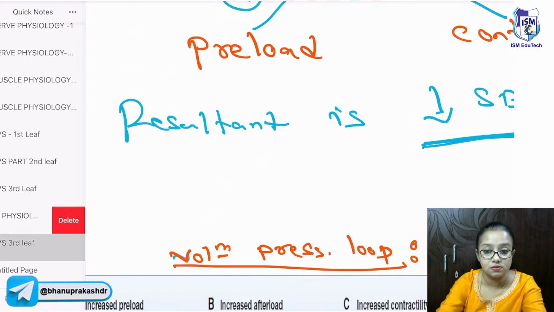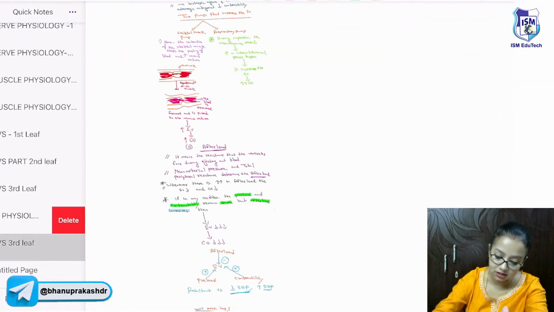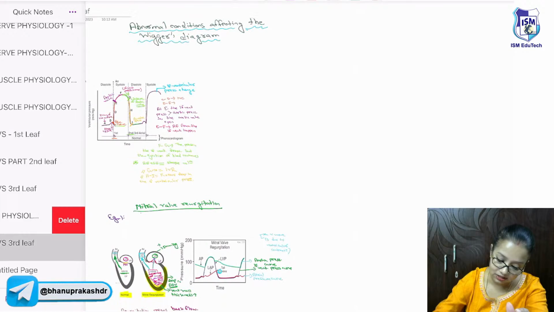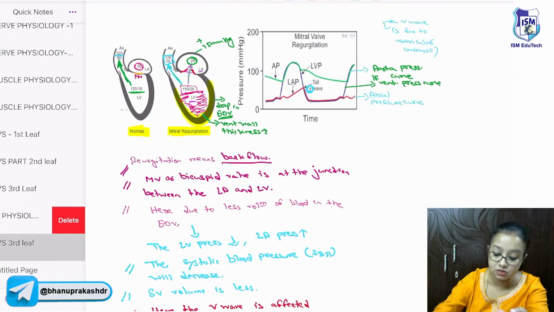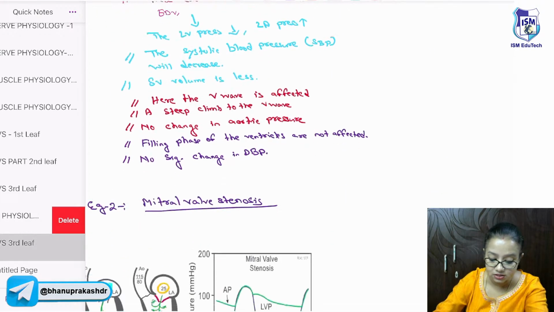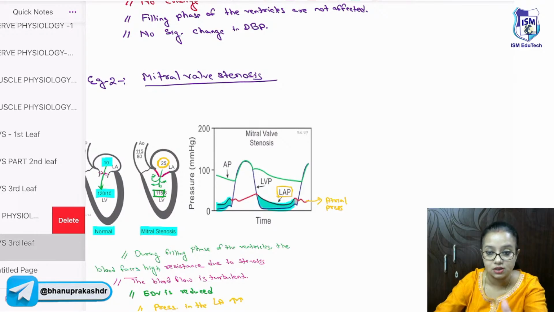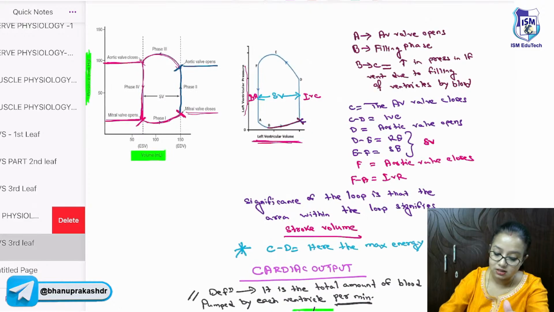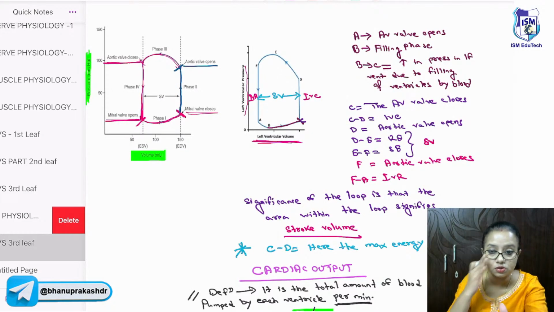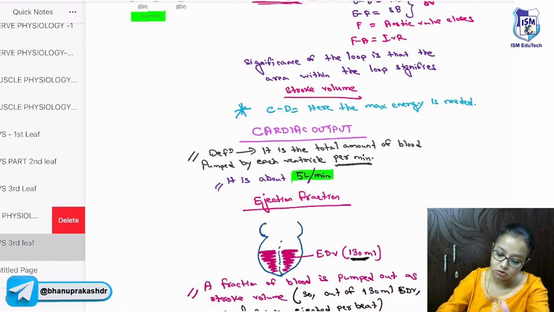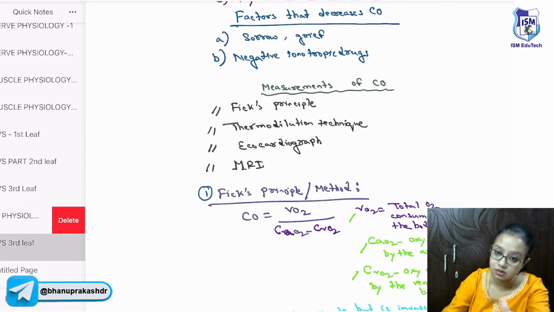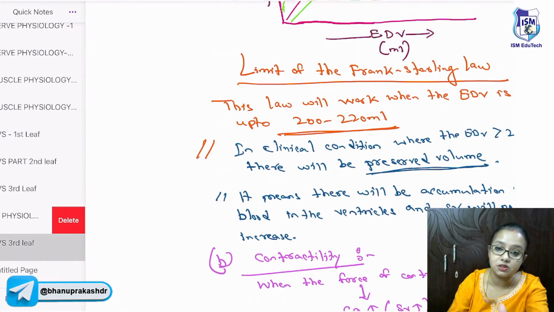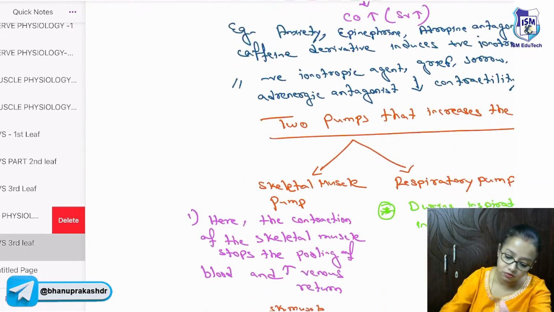We understood the various phases in the curve of that Wiggers diagram. Then the abnormal conditions, in which we studied two examples, regurgitation and stenosis, the cause, how it affects and why it affects. Then we moved on to understanding the pressure volume loop in its normal condition. Then we understood cardiac output, measurement, factors, and lastly the determinants.